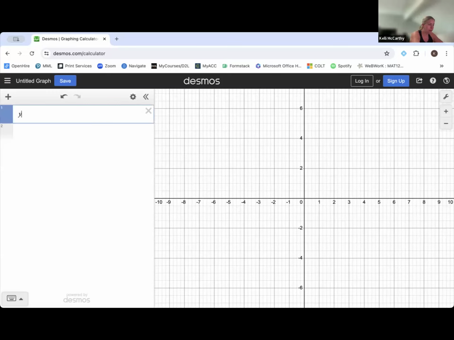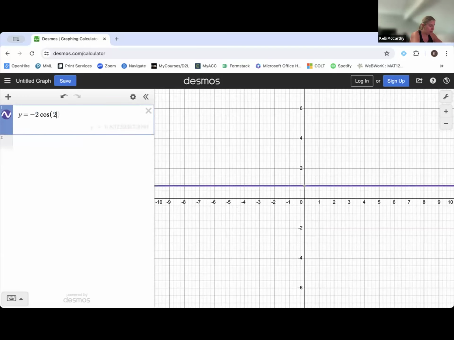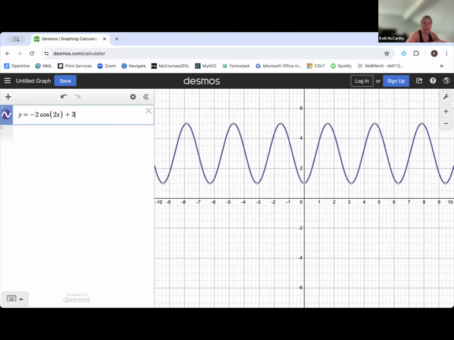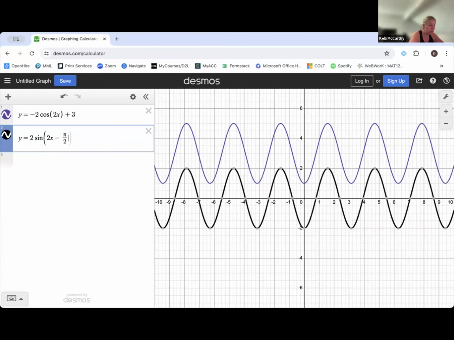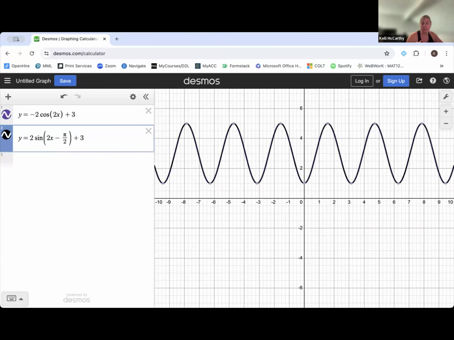So I'm going to graph my two equations. The first one was y equals -2 cosine of 2x plus 3. We can see that graph in purple. The next equation we wrote was y equals 2 times sine of 2x minus pi divided by 2, plus 3.